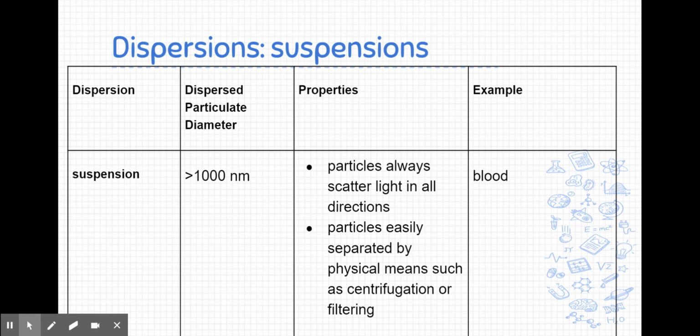And the best example that you probably can relate to is human blood, or I guess any type of blood, where we have cells, which are the dispersed particles in the medium. So when we're thinking about the size of suspensions and the dispersed particles, we're thinking about the cellular level or larger.